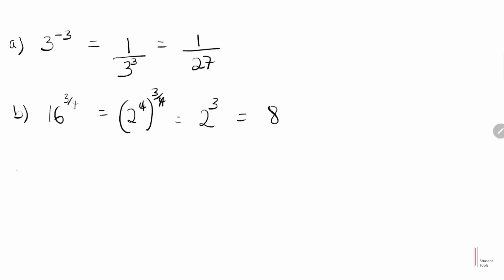So again, we have C. C says we must find the exact value of cos 30 degrees. Let us sketch our triangle here. And here we'll have 60. Here we will have 30.